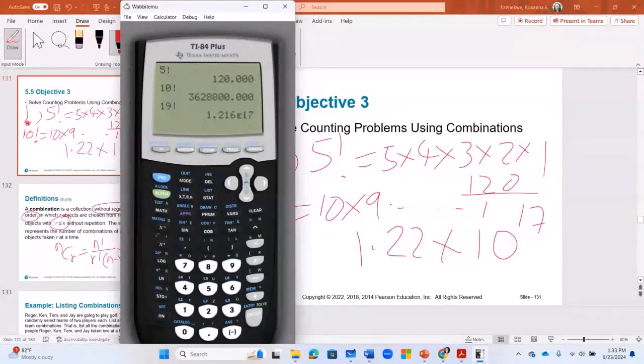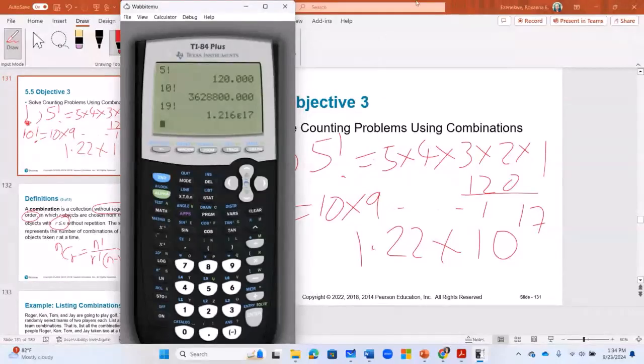This student said there is no real solution, but that is false. The solution is just so large. It's a large number, but it doesn't mean no real solution. Whenever you see this, it means scientific notation.